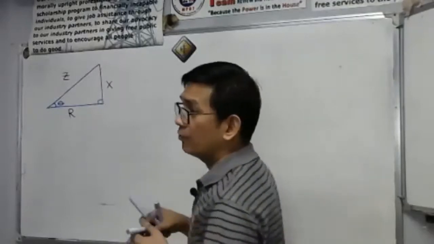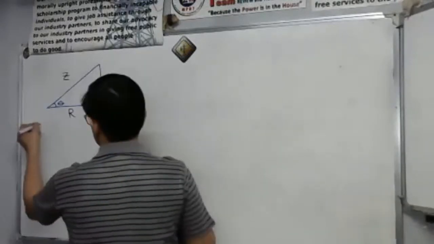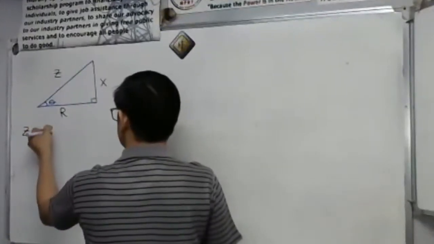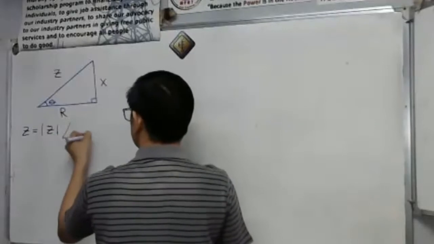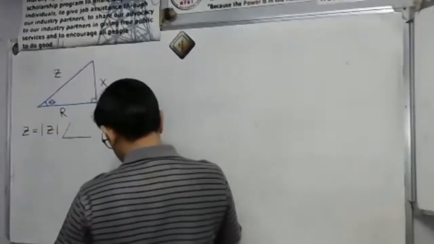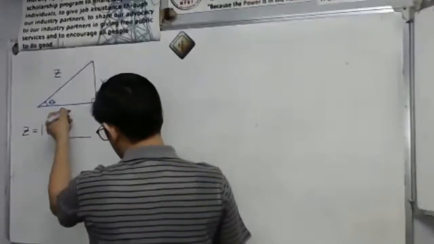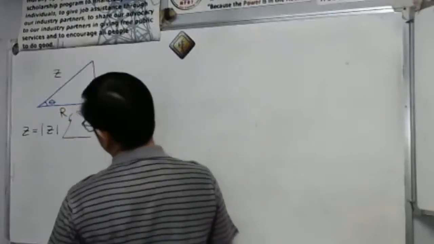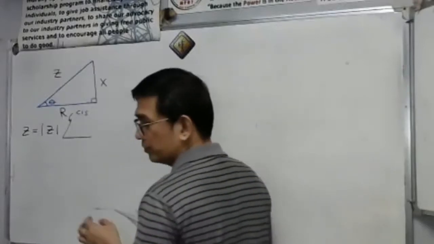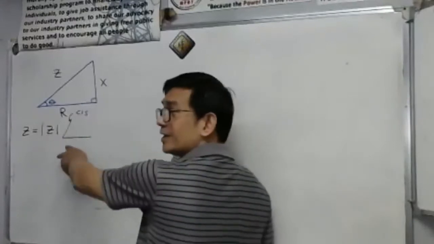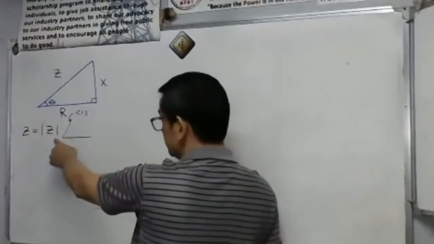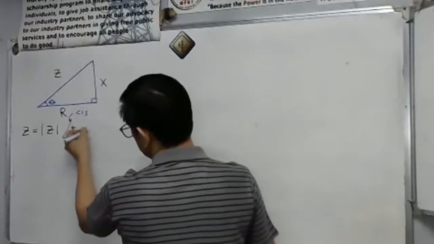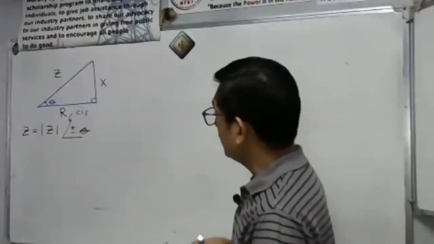So our Z is equal to the magnitude of Z, bar angle, or cis. Some professors call this symbol cis, C-I-S. Magnitude of Z, cis of plus minus theta. That is the polar form.